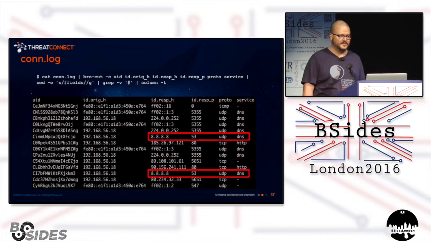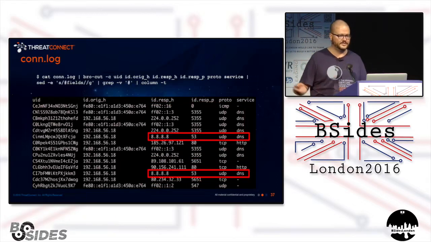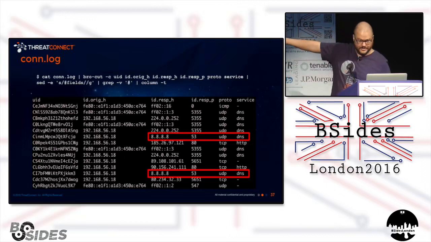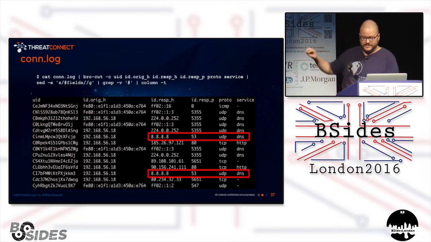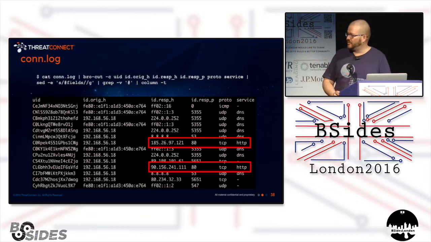This is important. This is the typical DNS traffic, and so this is the malware trying to resolve two host names. So this is important. We'll come back to that. This is also important. It made 2 HTTP connections outbound on port 80 to these 2 IP addresses.